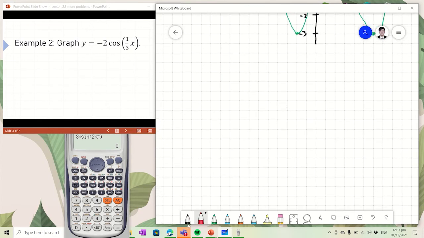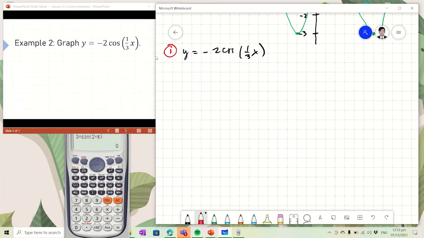So let's start from step 1. So step 1 is to find the amplitude and period. So hanapin muna natin yung A at saka B natin. So our given equation is y is equal to -2 times the cosine of 1/3 x.